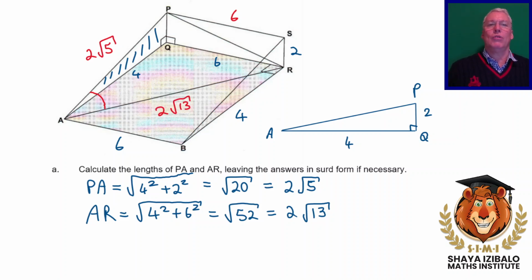The triangle we're talking about is this triangle kind of here. It's a sloping triangle inside this block. But it's not difficult to do, given that we now know 3 sides in this triangle.